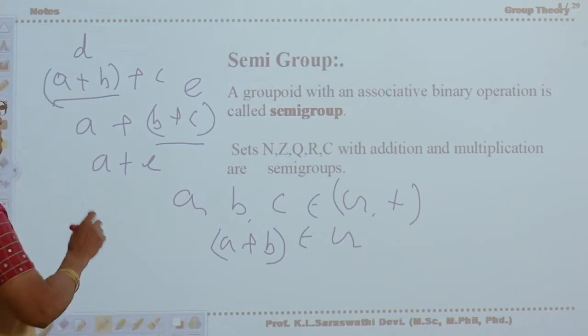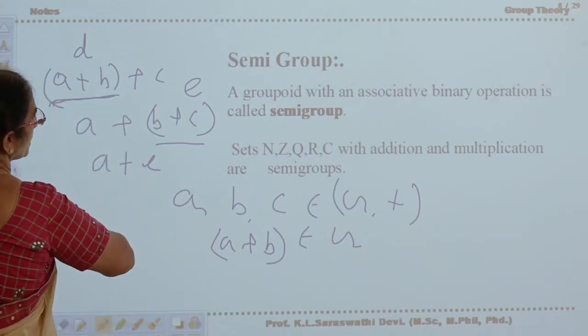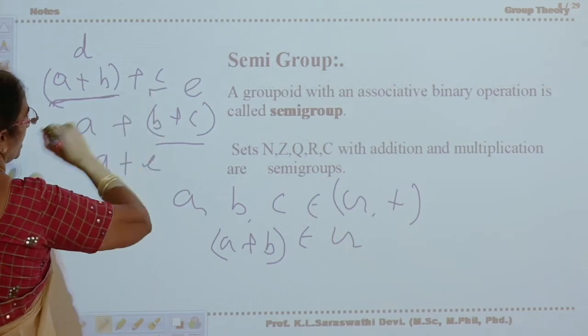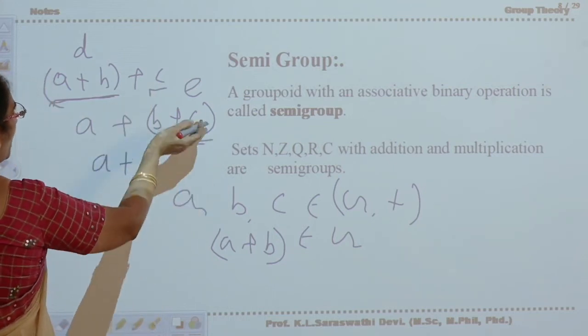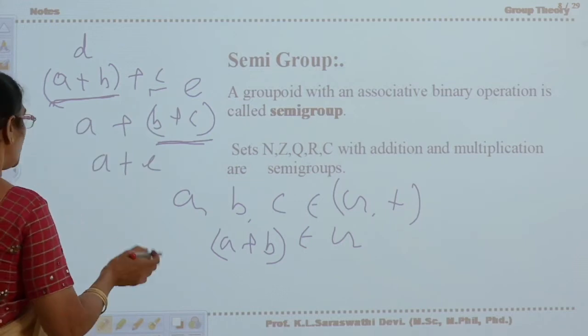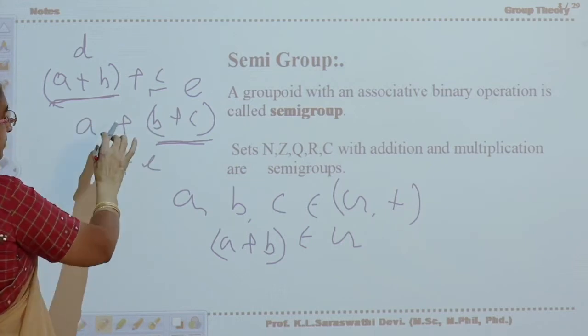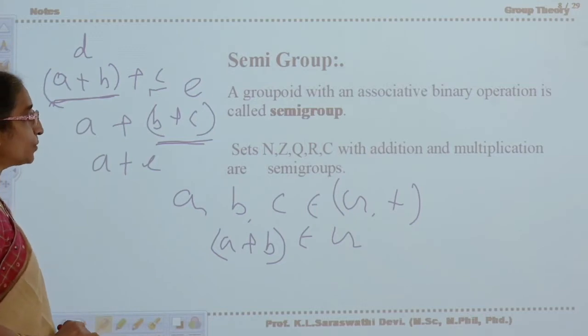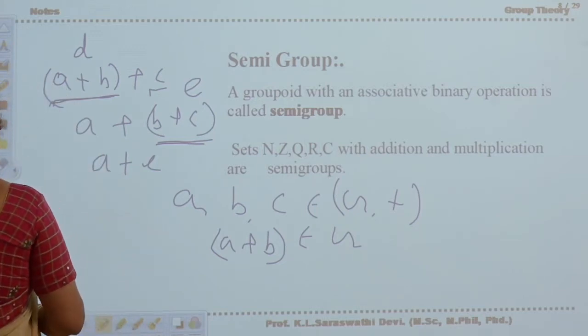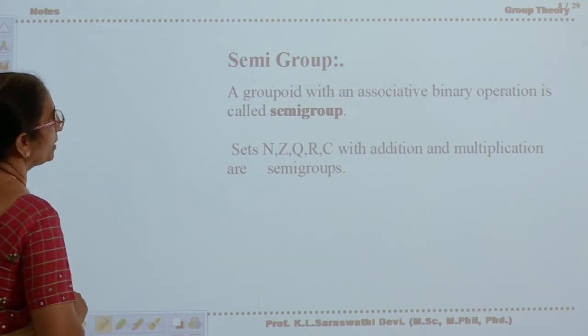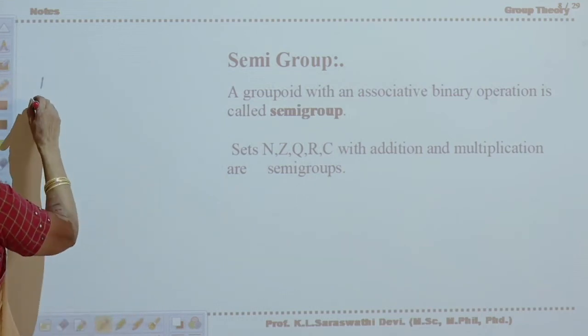That is, in the first case you add A plus B first, then you add C. In the second case, you add B plus C first and then you add A. In both cases, if the values are equal, then you will say that the associative property is satisfied.